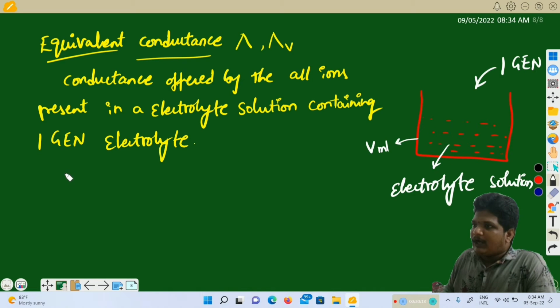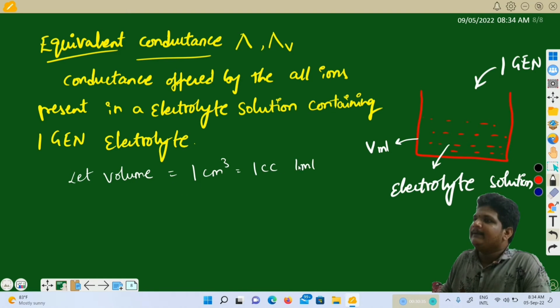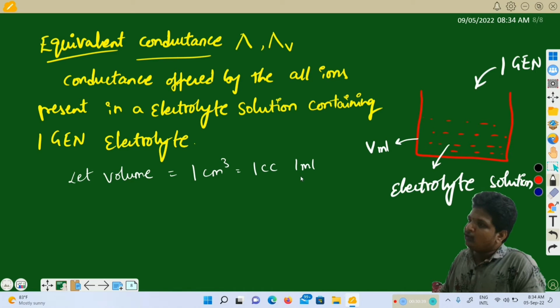Here, let the volume be equal to 1 centimeter cube, which is nothing but 1 cc or 1 ml. So this 1 ml of electrolyte solution contains 1 gram equivalent electrolyte.